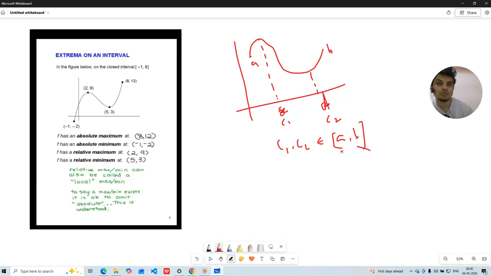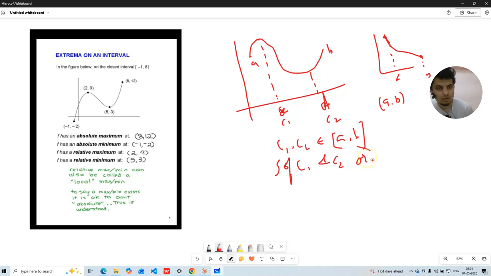So c1 and c2, where would they occur? Either they could occur at the endpoints. For example, if I draw a graph like this, this is a, b, it's existing here within [a, b], or where the slope is 0.